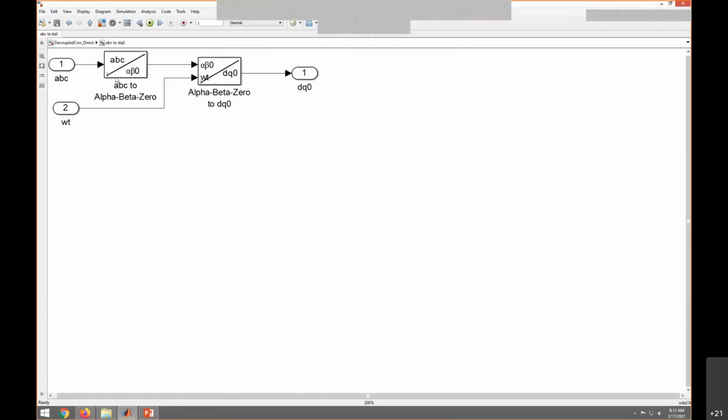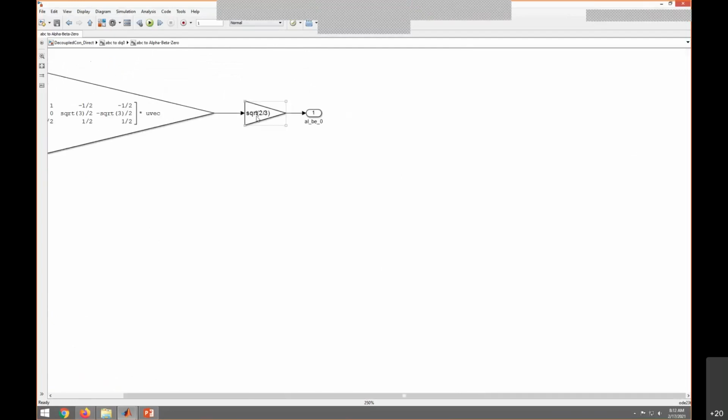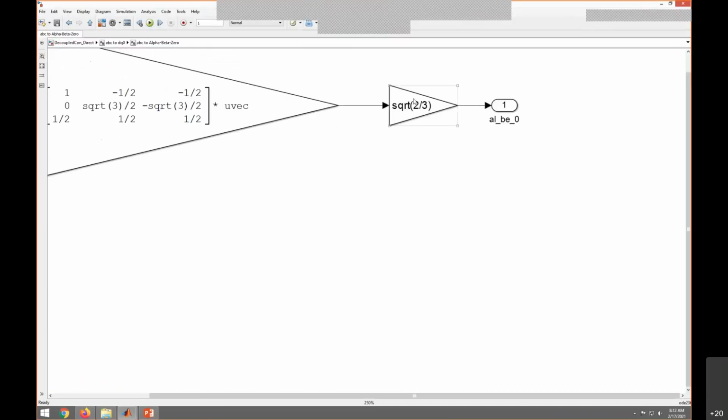Inside, we first convert ABC to alpha beta transformation, and then alpha beta to DQ transformation. This is the transformation matrix: 1, minus 1 by 2, minus 1 by 2; 0, root 3 by 2, minus root 3 by 2; 1 by 2, 1 by 2, 1 by 2. We need to check what transformation coefficient k is used, whether 2 by 3 or square root 2 by 3.